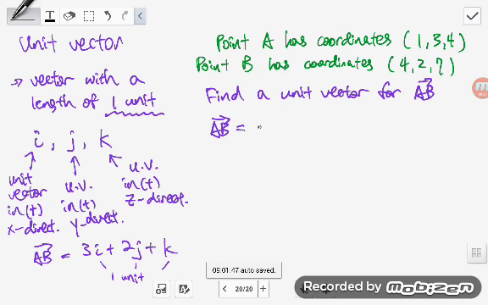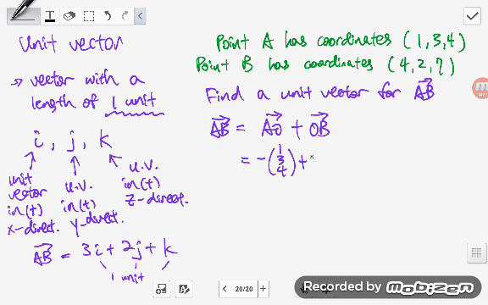So my vector AB is equal to AO plus my OB, which is equal to, I'm gonna skip a few steps here, the negative of 1, 3, 4 plus 4, 2, 7, which is equal to 3, negative 1, and 3. Right, this is my vector AB.